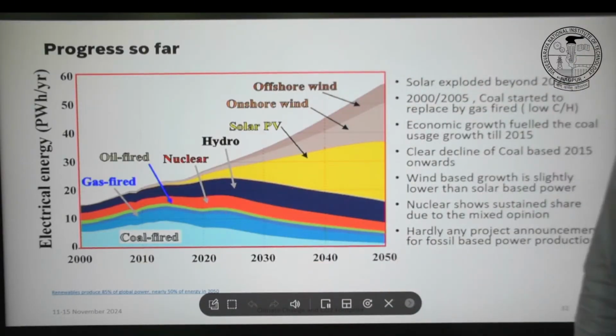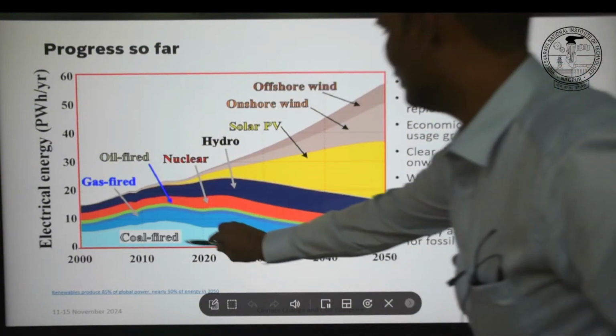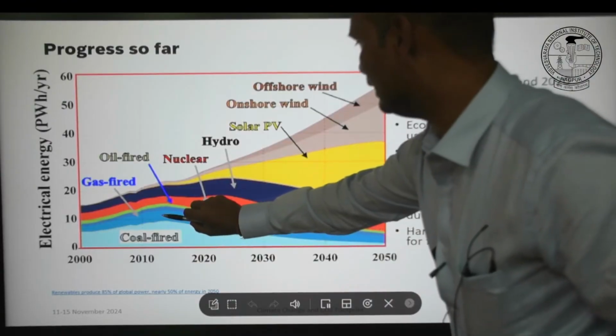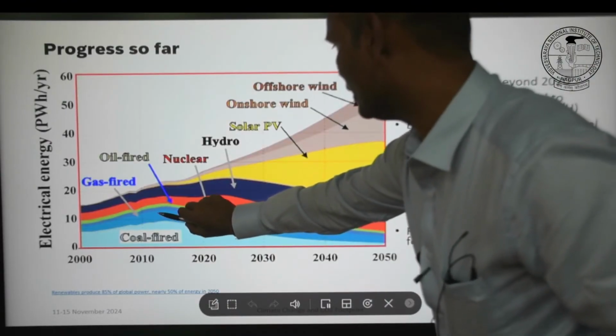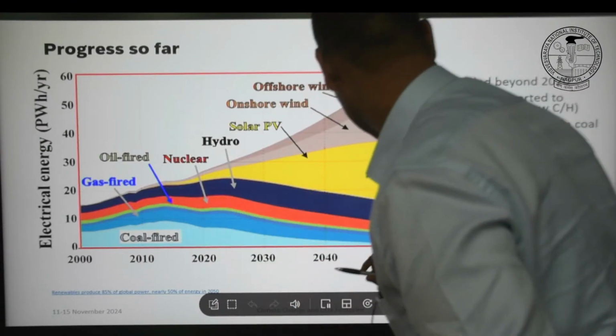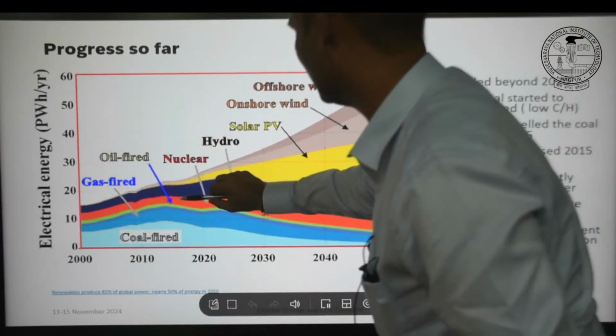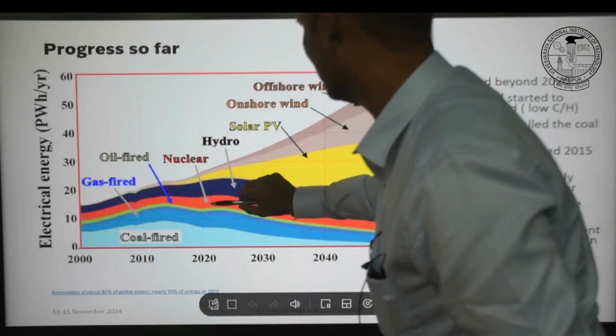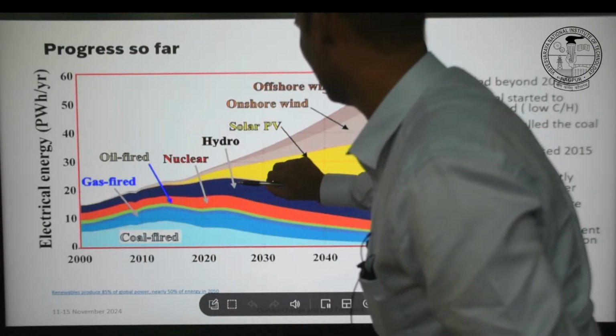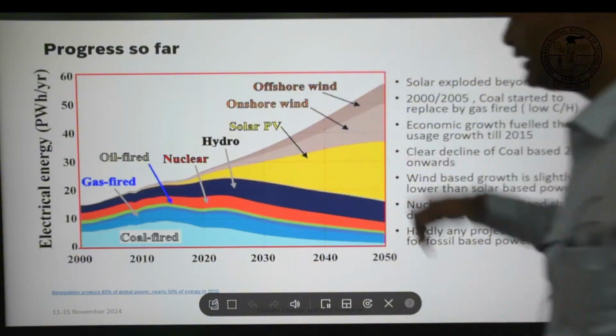I'm colorblind. This one is coal, then natural gas, and the next one I also do not remember. Oil-fired. This one is nuclear. Then hydro, solar, and then onshore, offshore.